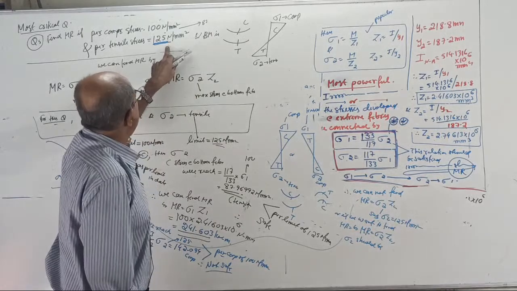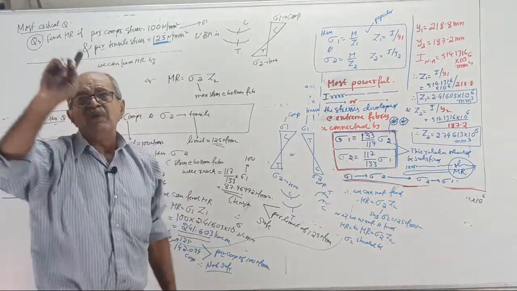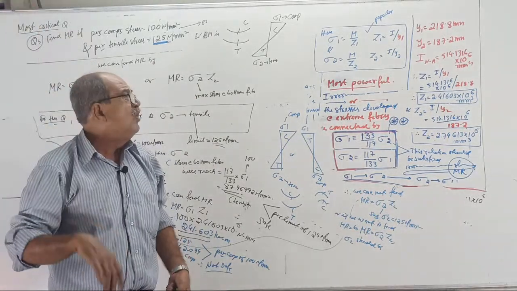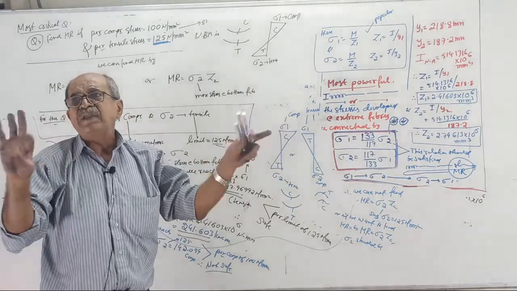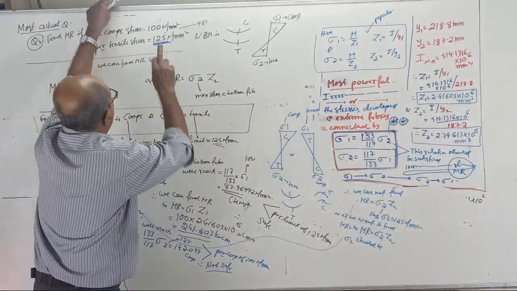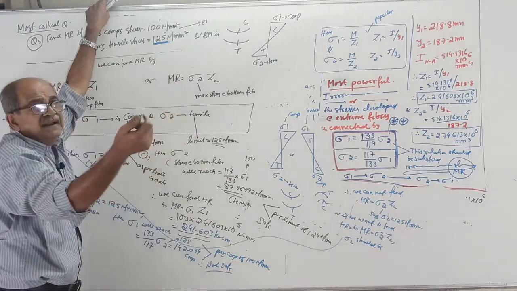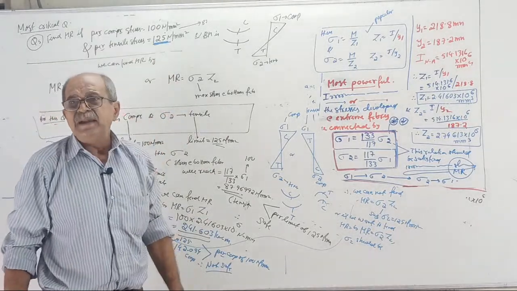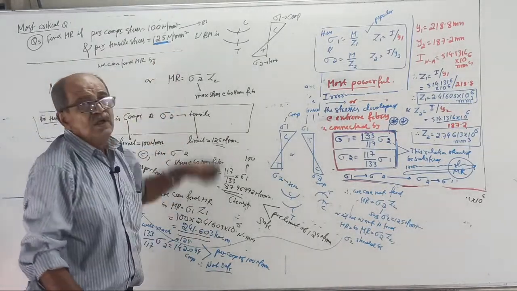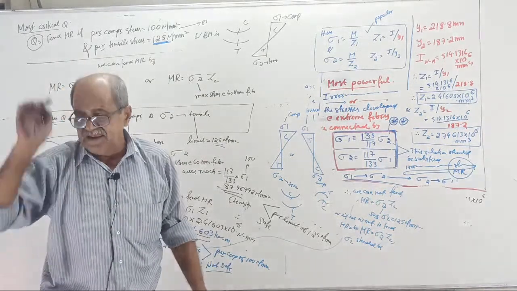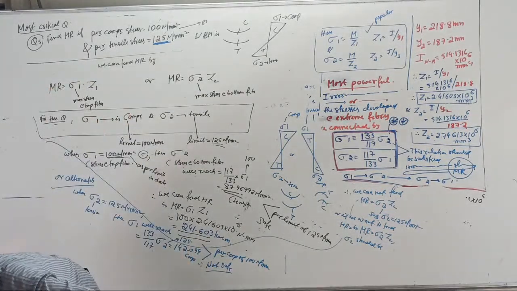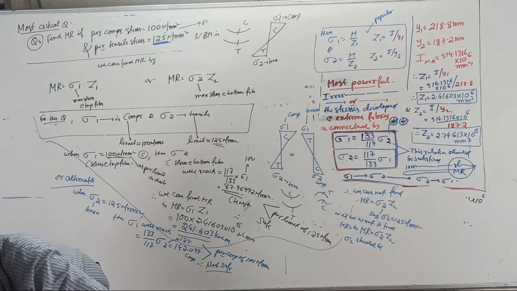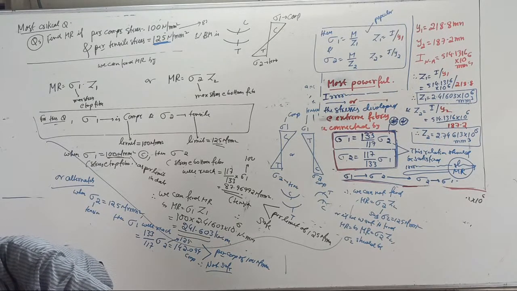When sigma 2 reaches 125, sigma 1 will go beyond 100. It will say, no, I cannot resist it. Therefore, 125 is not possible. You know the money matter from yesterday. So, sigma 2 is to be reduced or increased?